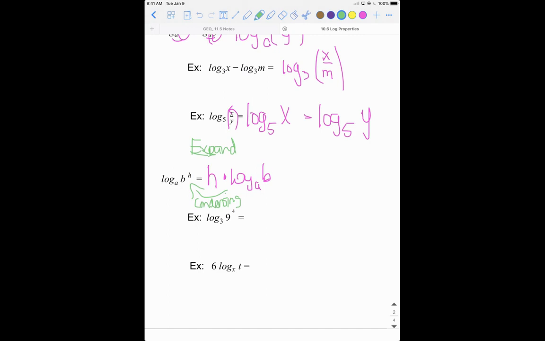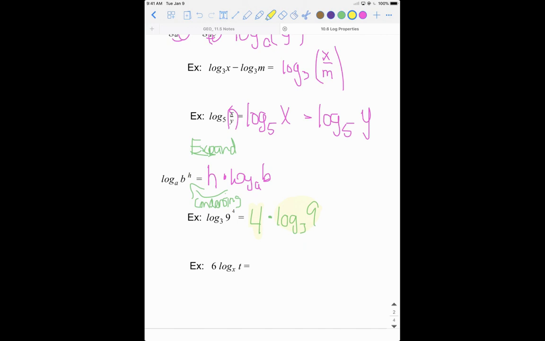So let's look at one. So here we're going to be expanding. We've got a power to a power. In order to deal with that, we bring that 4 out front, 4 times log base 3 of 9. Notice we've got all numbers this time. So if we wanted to, which we'll look at in a little bit, evaluating, we could evaluate this portion and then multiply it by that 4.